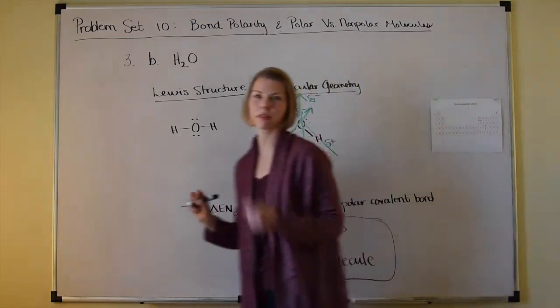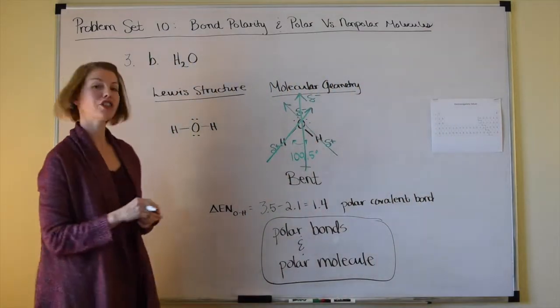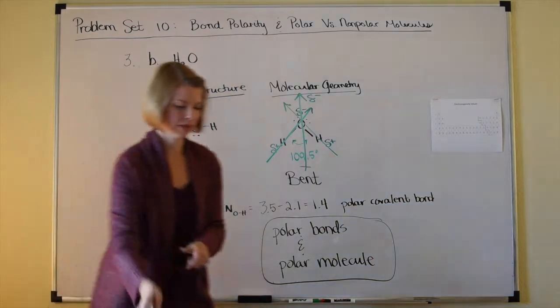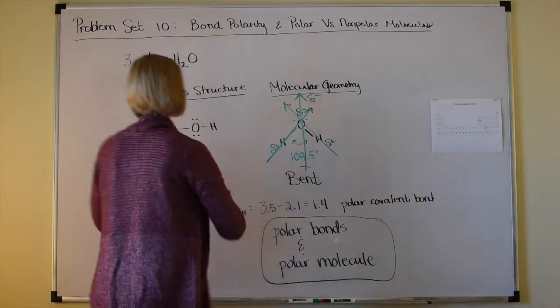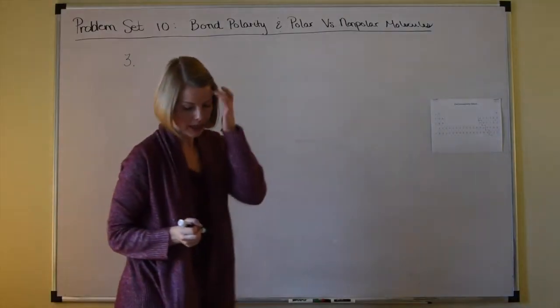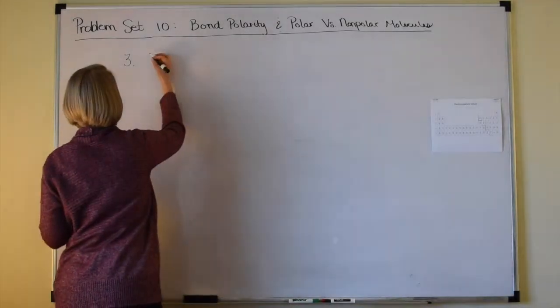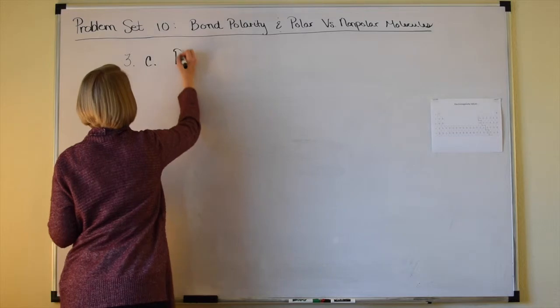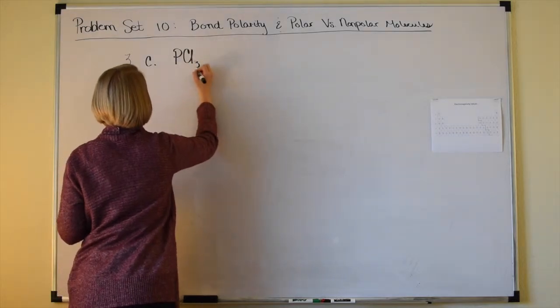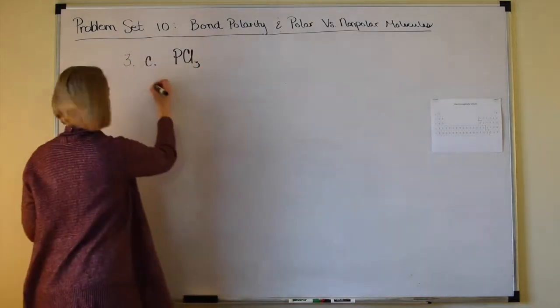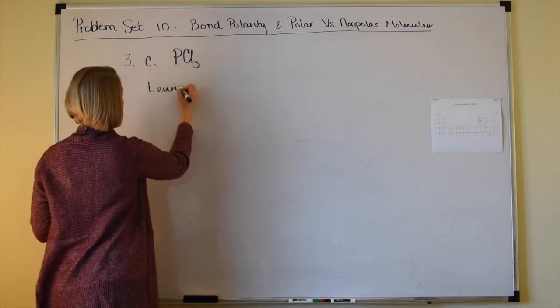Okay. All right, let's go on to C. Okay, C is phosphorus trichloride. And again, I'm going to just quickly draw a Lewis structure.